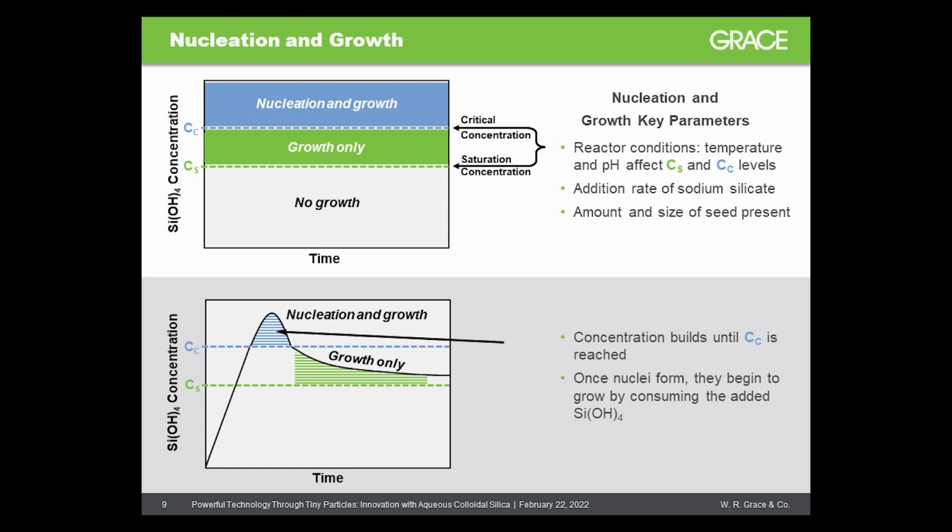The lower curve shows a typical reaction profile, wherein silicic acid is continuously added at a constant rate to a heel of water. The concentration builds and becomes supersaturated until the critical concentration for nucleation is surpassed. Particles then form and grow, and the deposition of silicic acid on existing particles lowers the concentration in the system to a regime where only particle growth occurs.